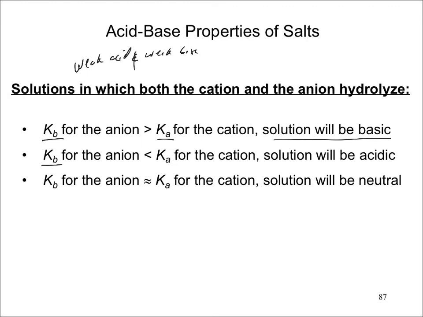If the Kb for the anion is less than the Ka for the cation, the solution is acidic. And if the Kb and the Ka for the cation and the anion are similar, the solution will be close to neutral. So you have to know your Ka and Kb values in order to determine whether your solution is going to be acidic, basic, or neutral if you have weak acids and weak bases.